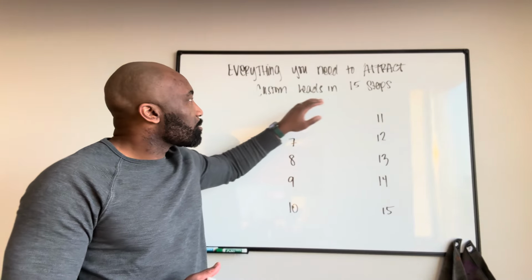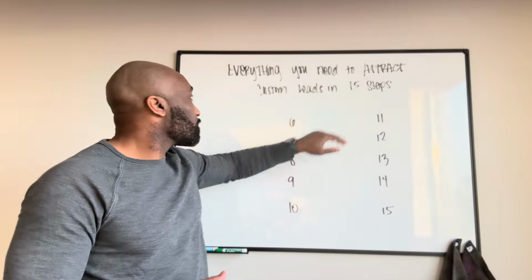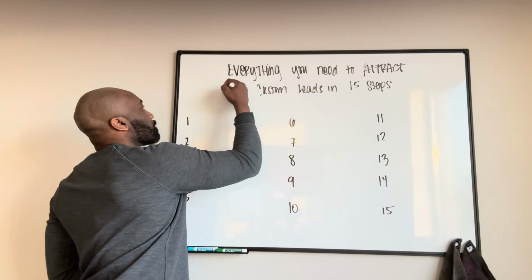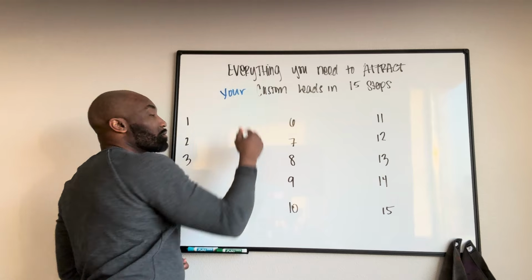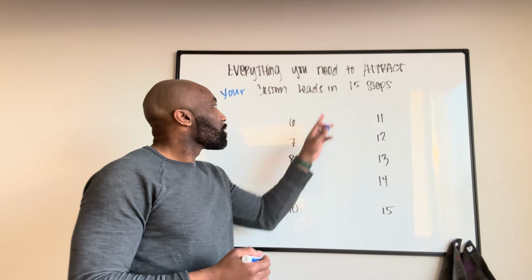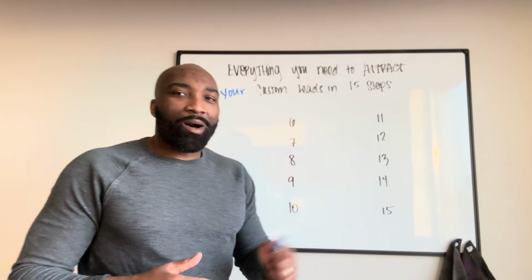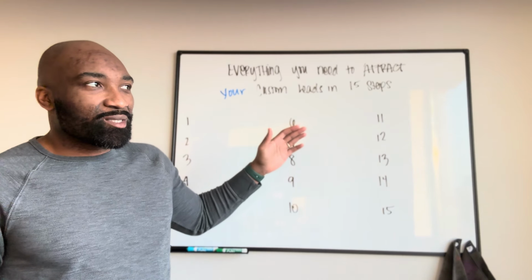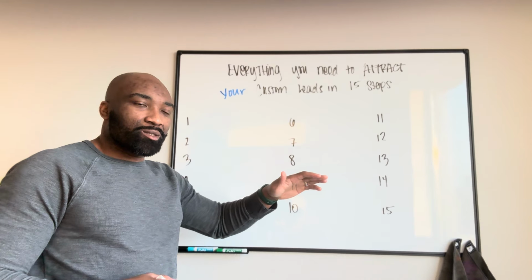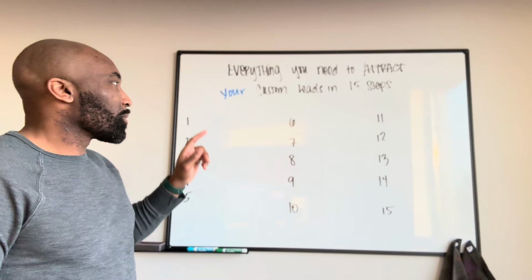Everything you need to attract your custom leads, in 15 steps. It actually requires 50 steps. We counted. It requires 50 steps to get from leads to close in our full system.